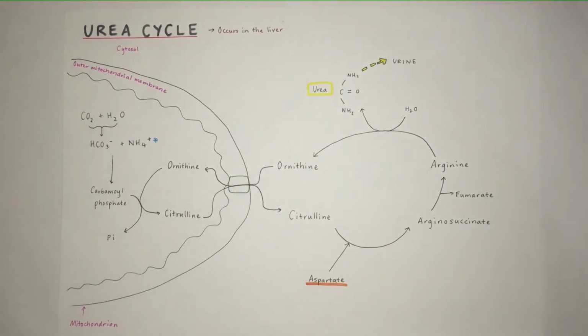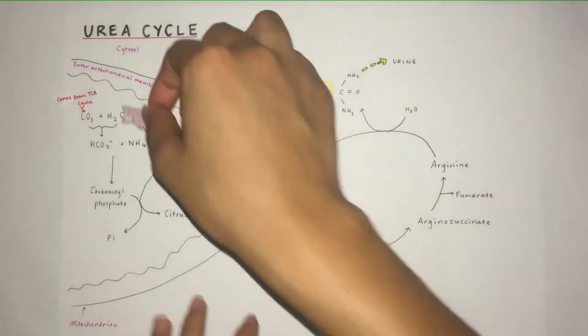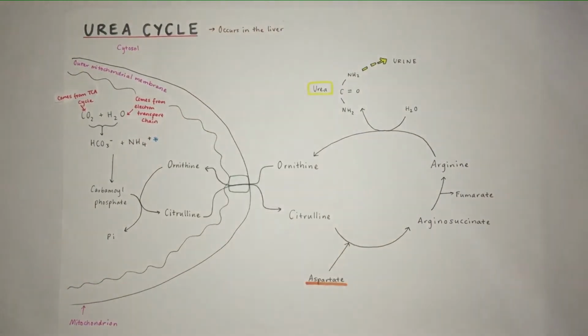So first up, we've got a CO2 and a H2O. The CO2 comes from the TCA cycle, and the H2O, the water, comes from the electron transport chain. So these together can become HCO3, bicarbonate.